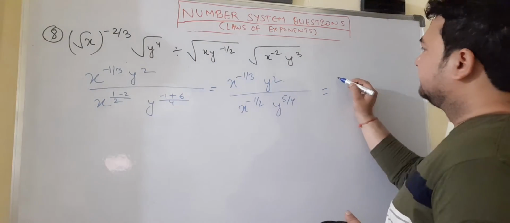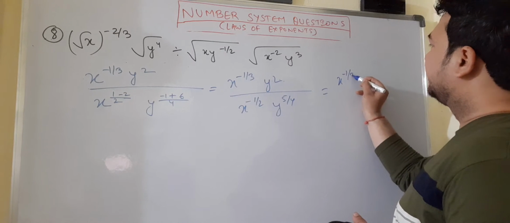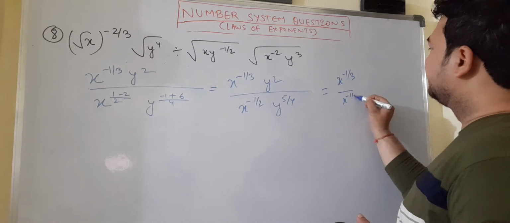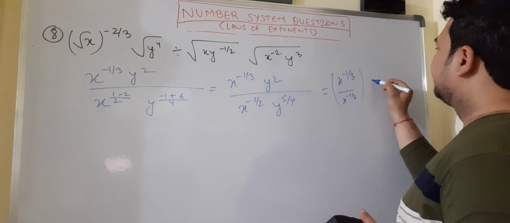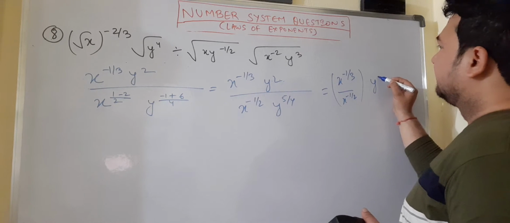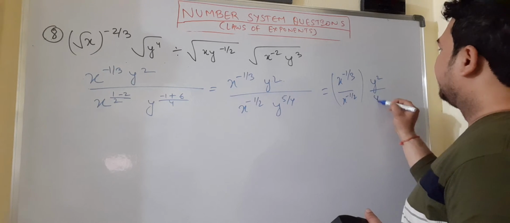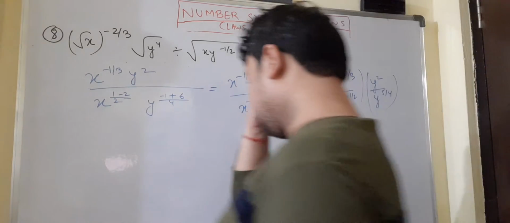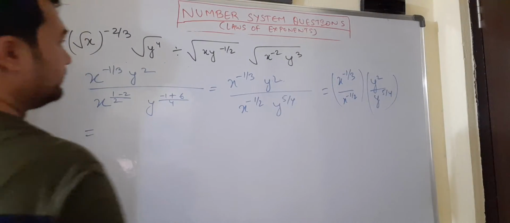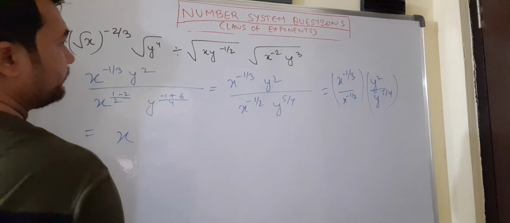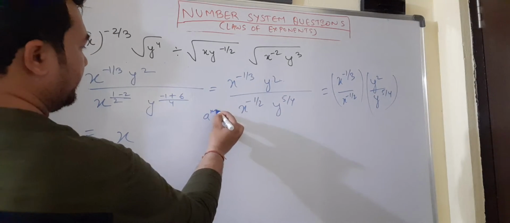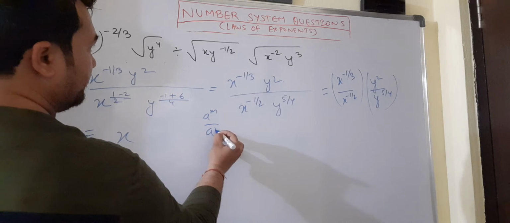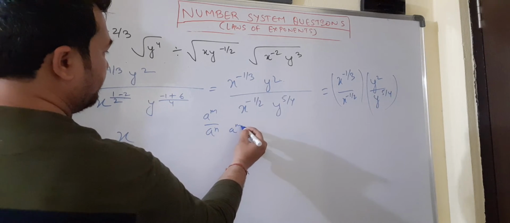Take x together, x minus 1 by 3, x minus 1 by 2. Take y together, y square by y 5 by 4. This is equal to x. a to the power m by the same a to the power n, what does it become? a to the power m minus n.